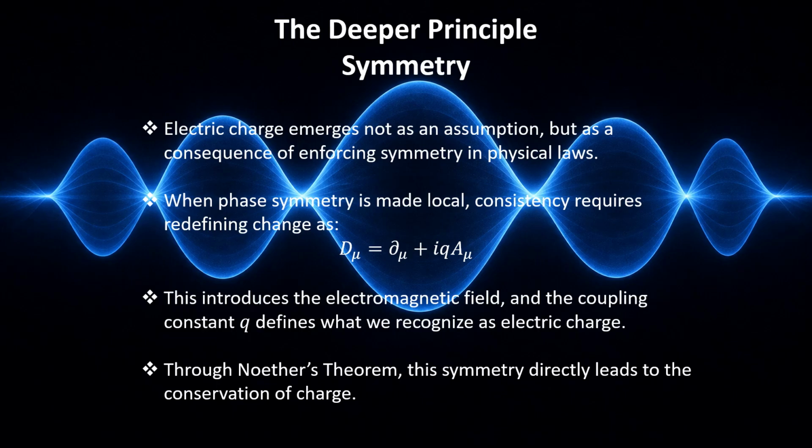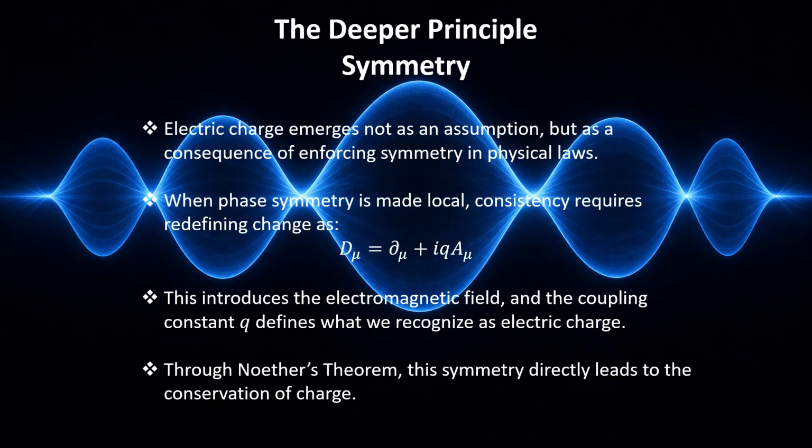However, the situation becomes more subtle when I allow the phase to vary from point to point in space. In this case, the equation no longer remains consistent. The derivative introduces an additional term, causing the result to depend on arbitrary phase choices rather than physical quantities. To restore the consistency, I do not simply adjust the equations, I redefine how change itself is measured. I replace the ordinary derivative with a new form.